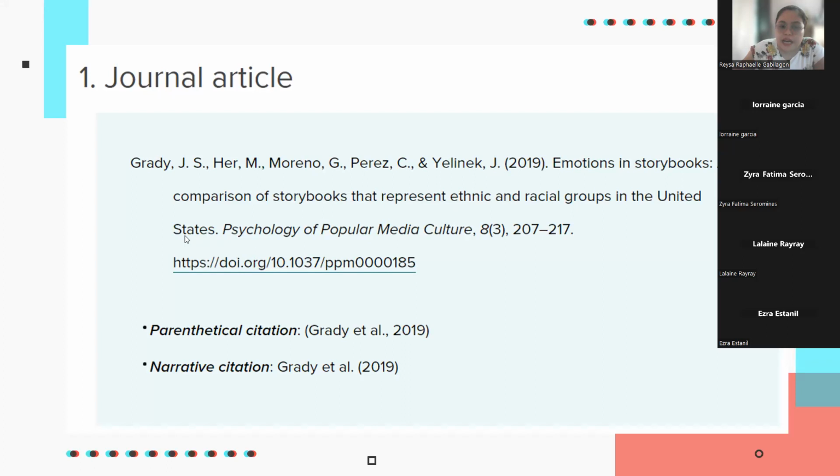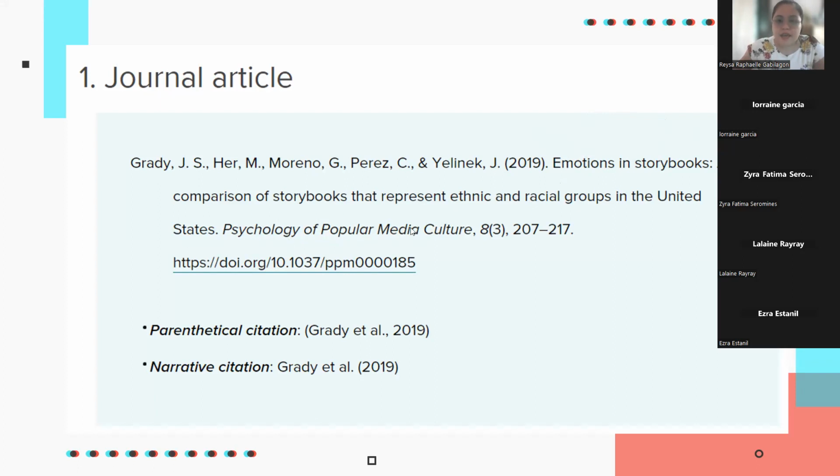Only the first letter of the first word is capitalized, and any proper nouns. And then period, and after that, in italics, not the title of the article but the name of the journal.